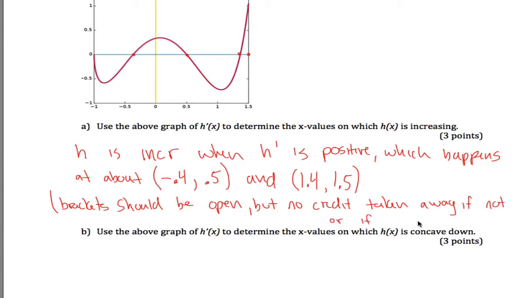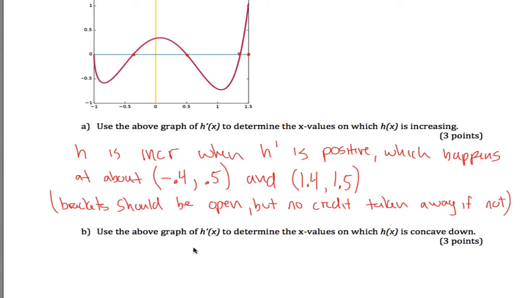Or if instead of this being 1.5, if you made it infinity, that's fine too. If you kind of thought about this as an arrow at the end, that's fine. I don't really care. Anyways, you know what? I think that just makes it worse. I'm going to erase all that. Nope, I'm not. Points taken away if not. Let's leave it at that.